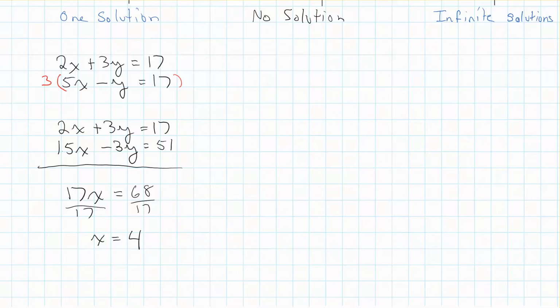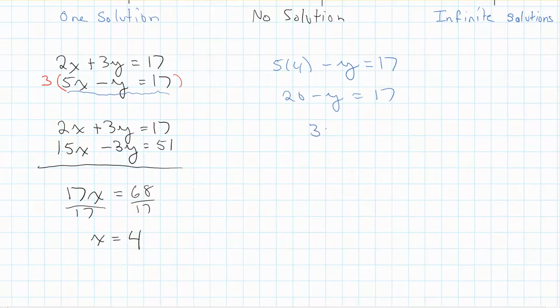Now again, we can pick either equation to find the y value. I would probably pick this one, not because it's that much easier, but because I have a 1 in front of the y, so even though it's negative, it's just a 1. And so I would have 5 times 4 minus y is equal to 17. So you have 20 minus y equals 17.